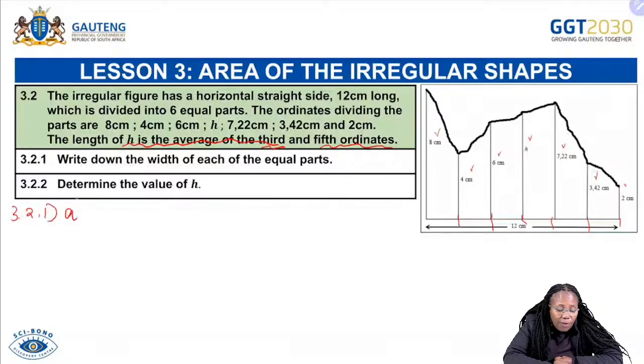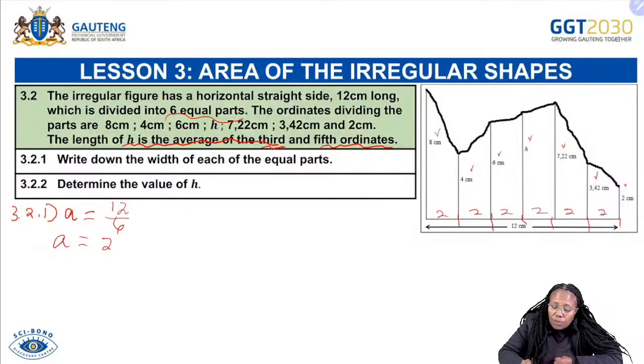That is the value of A. It's how much? 12 divided by the number of parts. We are saying we have 6 equal parts, then it will be divided by 6, which is giving us 2. So all equal parts will take 2 centimeters each here. And that is 1 mark for that.